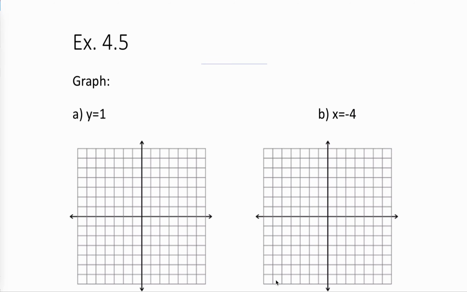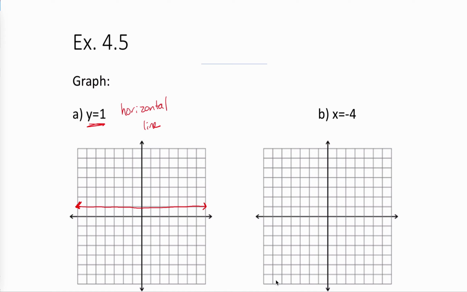And as a refresher, a line of y equals 1 is going to be a line where all of the y coordinates are equal to 1. So for any possible x, y is always 1, and that gives us a horizontal line.